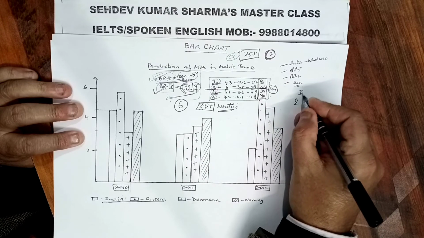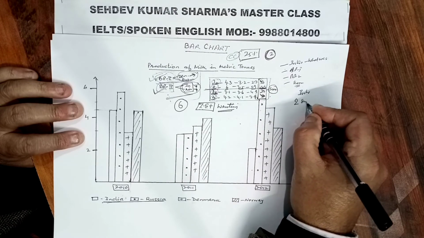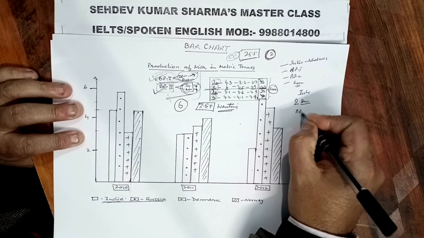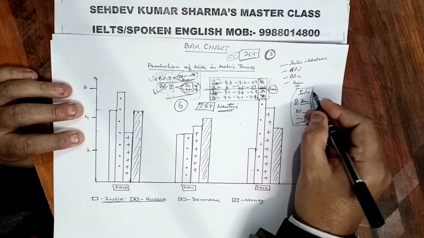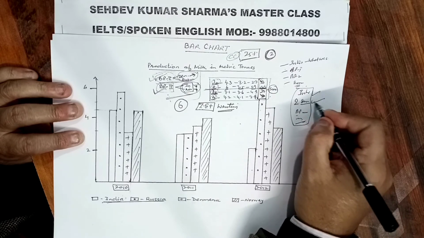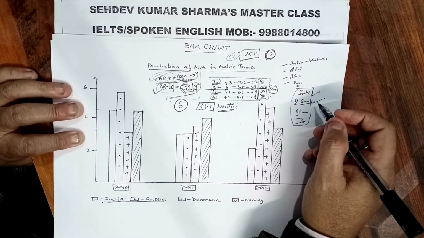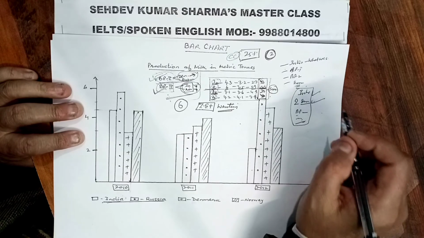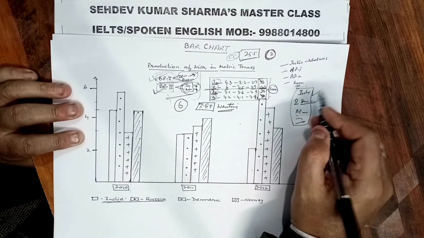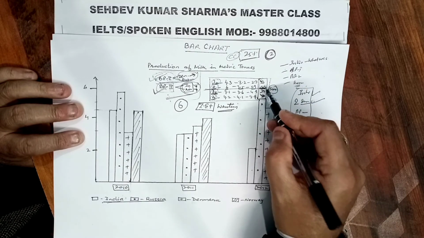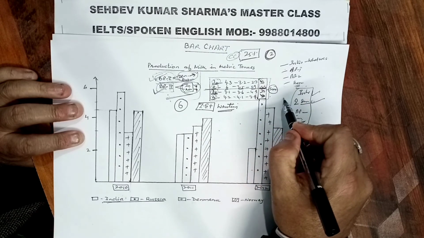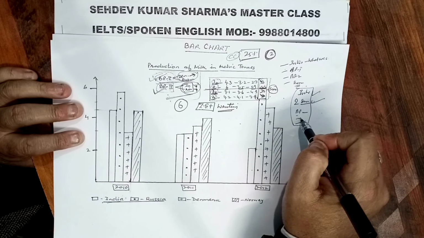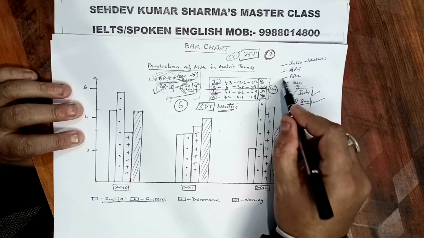That means first will come your introduction, second will be your summary, and BP1 and BP2 will come last. Okay, if we are writing in this fashion, definitely it is an edge, because the examiner gets an insight that the student is very intelligent, the student can analyze the situation first, then explain the data. But I caution you, if you are not well practiced for it, in that case please don't go for that.